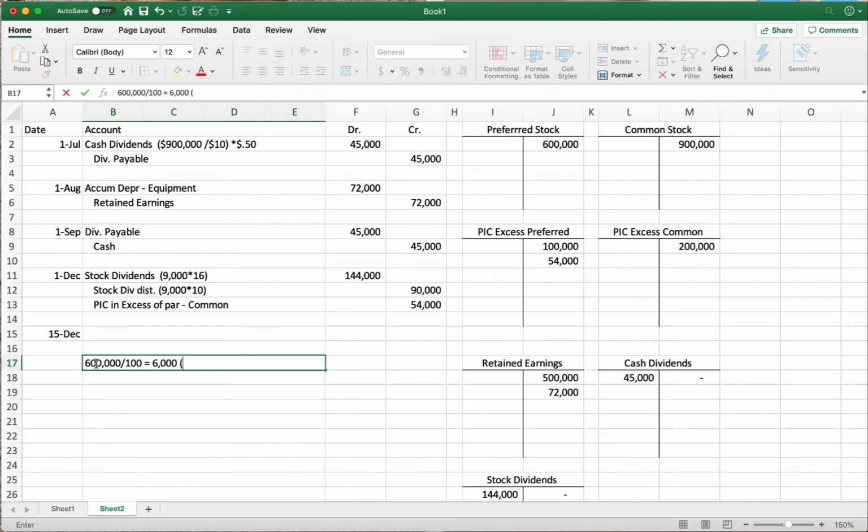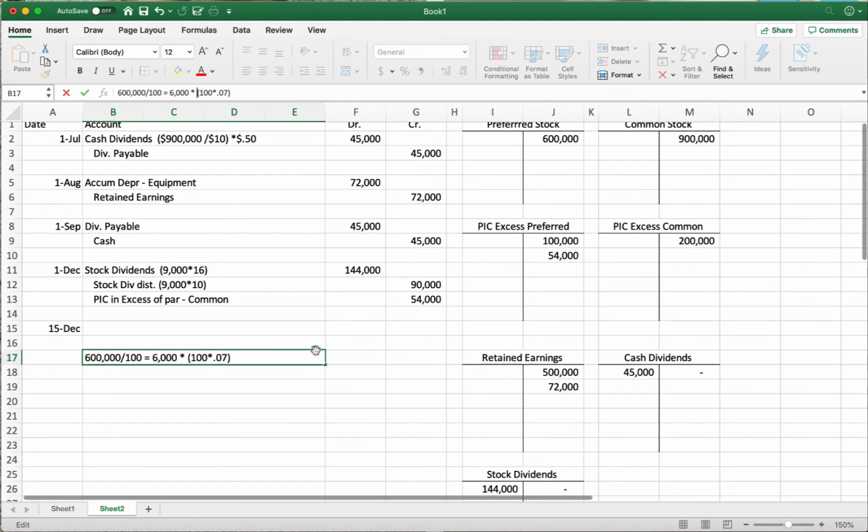Those 6,000 shares, I need to calculate what the dollar amount is. Well, the par value is $100 times 7%. Okay. So if I take my number of shares times the percentage, which is based on par value, that ends up giving me $42,000.